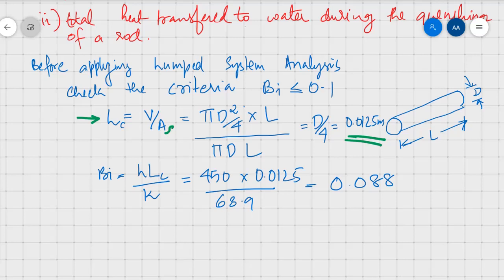Now Biot's number is hL by k. Now substituting these values, you get 0.088, which is obviously less than 0.1. So therefore, you can apply the lumped system analysis.